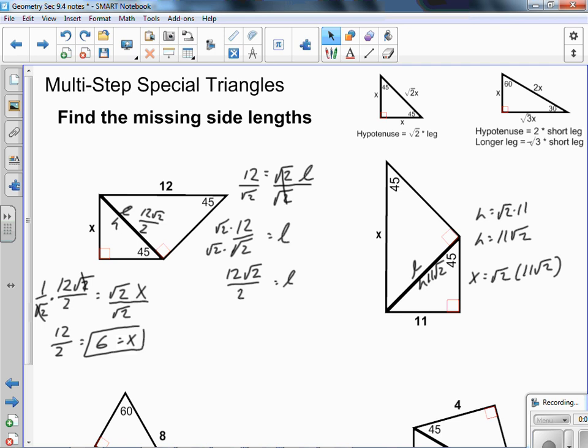And so we've got the square root of 2 times the square root of 2. We're just going to make that 11 times 2. It's going to cancel out the square root with those two square roots of 2 times each other. And so our x is going to be 22.